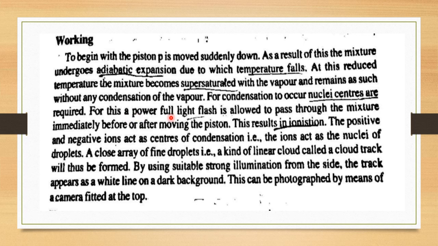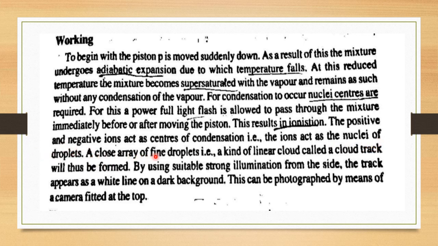For this, a powerful light flash is allowed to pass through the mixture immediately before or after moving the piston. After moving the piston and allowing it to cool into the supersaturated state, a light flash is allowed to pass through the mixture. This results in ionization. The positive and negative ions act as centers of condensation. That is, the ions act as the nuclei of droplets.